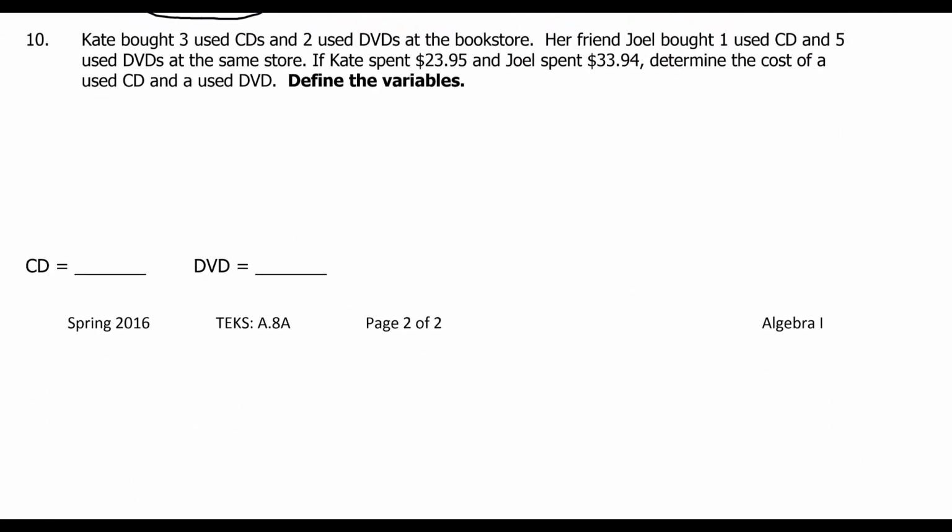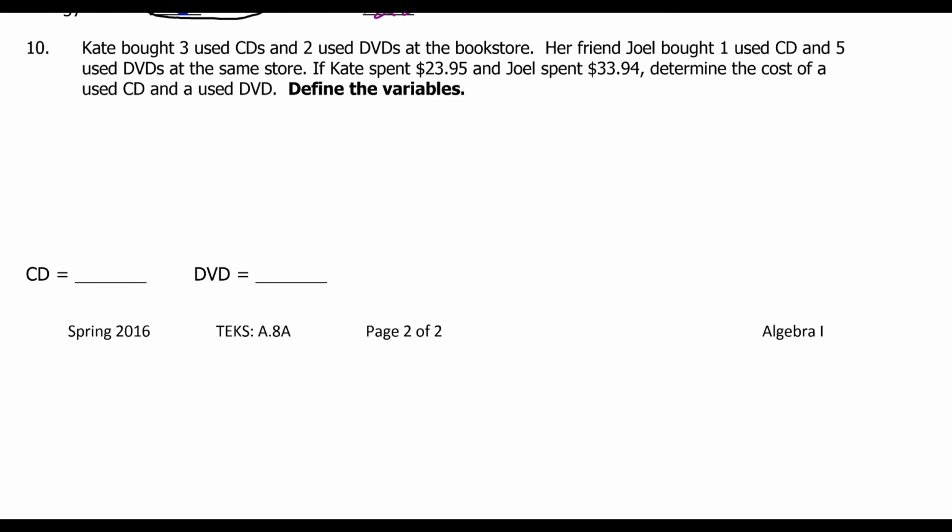Kate bought 3 used CDs and 2 used DVDs at a bookstore. Let's get our stuff labeled: C is going to be CDs, and D is going to be DVDs.